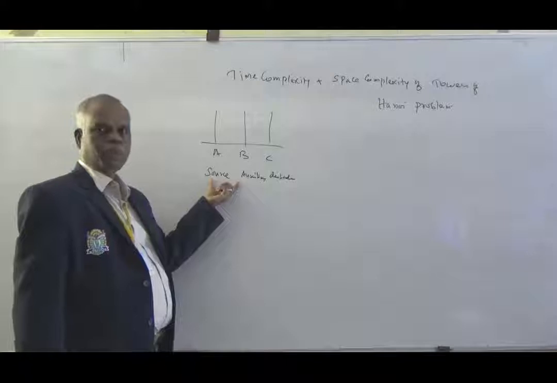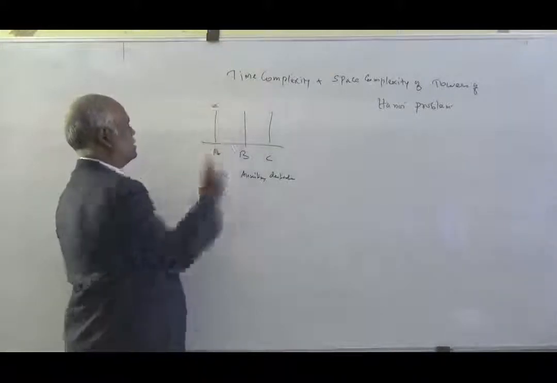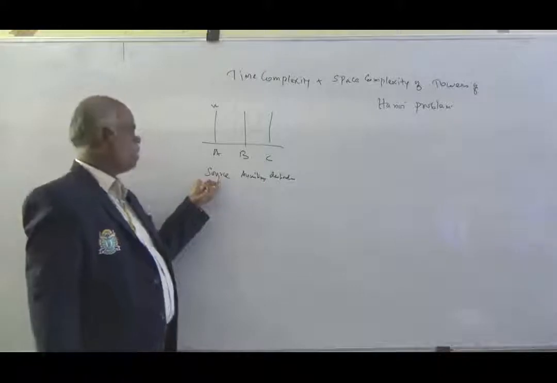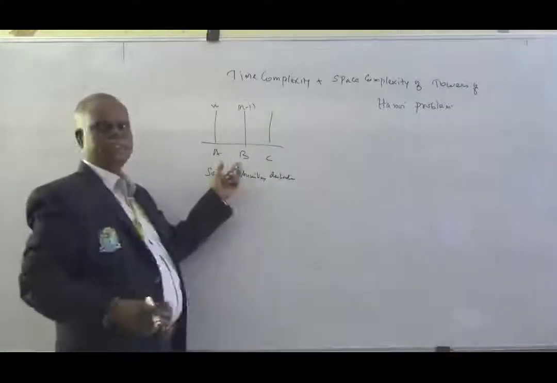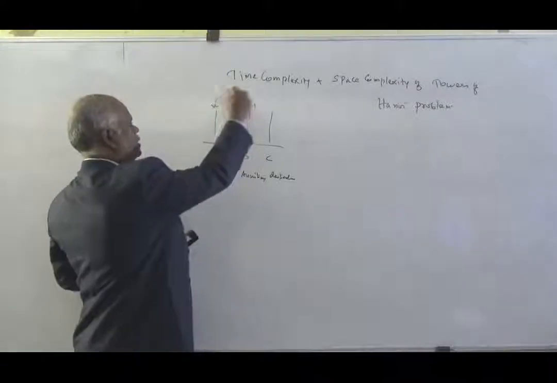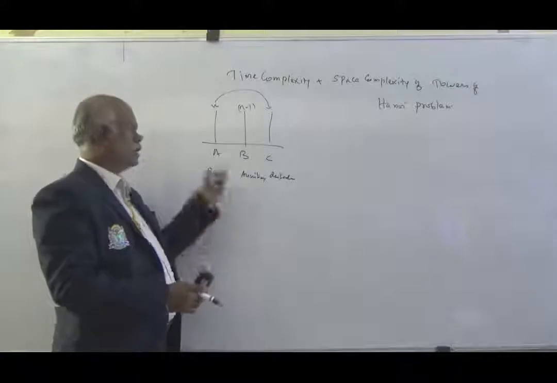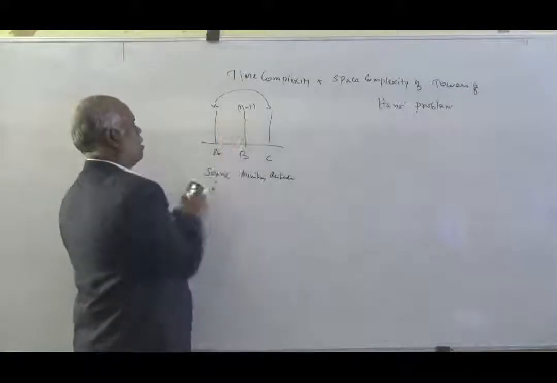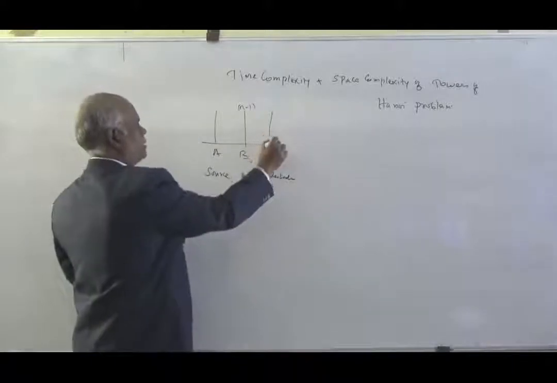As we have discussed in part 1, the strategy is, if there are n disks in the source, we have to move n minus 1 disks to auxiliary, then move the nth disk directly to the destination. Next, the nth disk will come to this place.